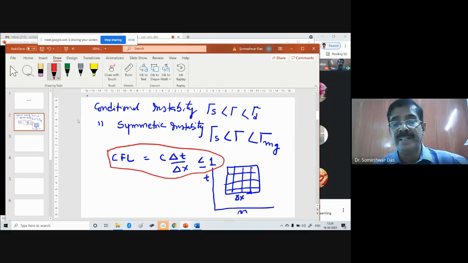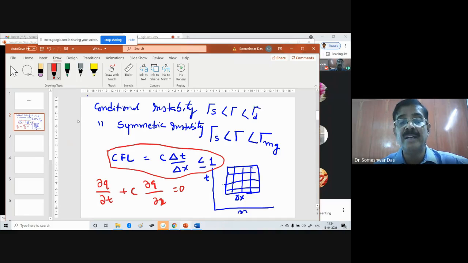Therefore, when you are integrating differential equations like this one, del q by del t plus c del q by del x equal to 0, your delta t, the time step of integration, will be dependent on delta x. When delta x decreases, you have a higher resolution model.